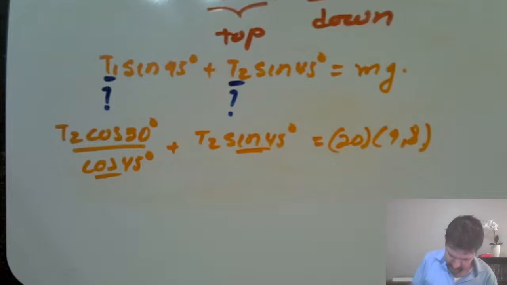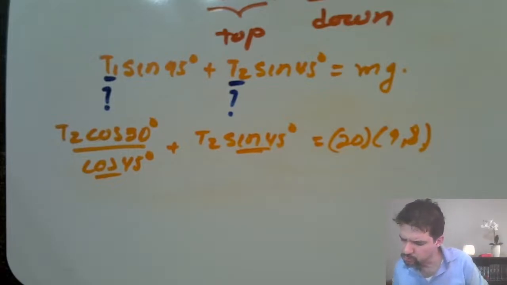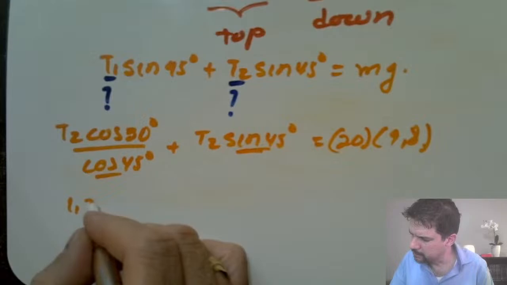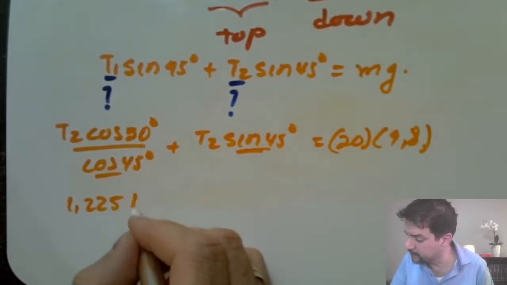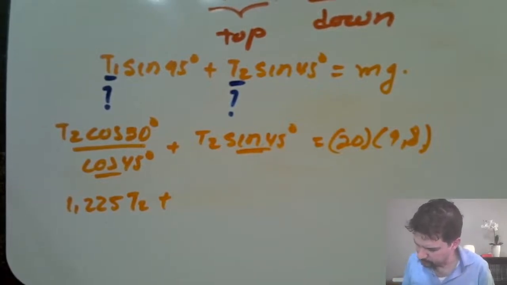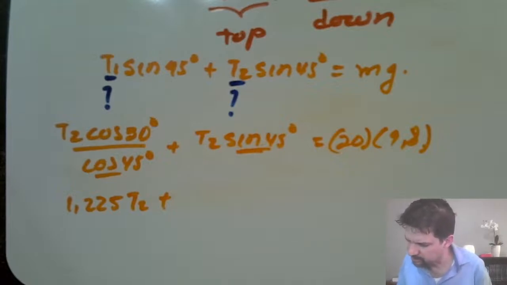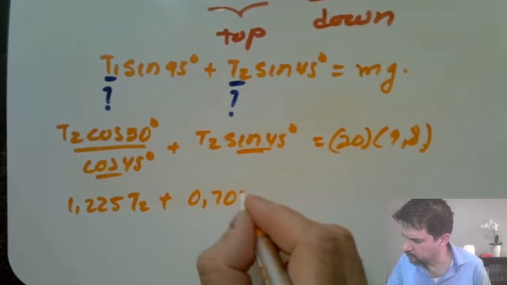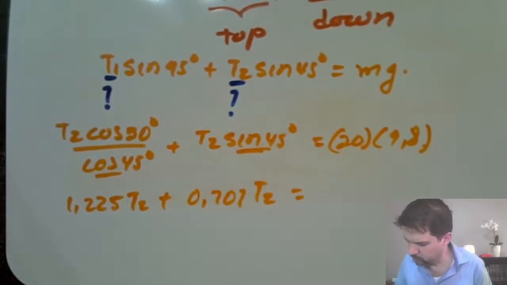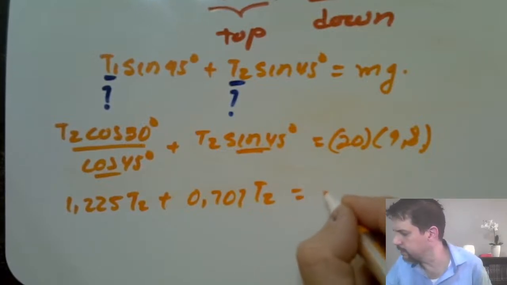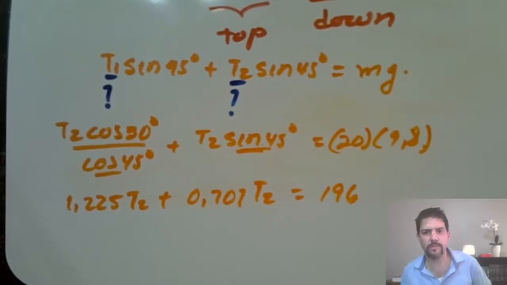We get 1.2247, so I'm going to round off to 3 decimal places: 1.225 T2 plus sine 45, which I'm going to work with as a decimal, 0.707 T2, is equal to 20 times 9.8, which is 196. There we go.